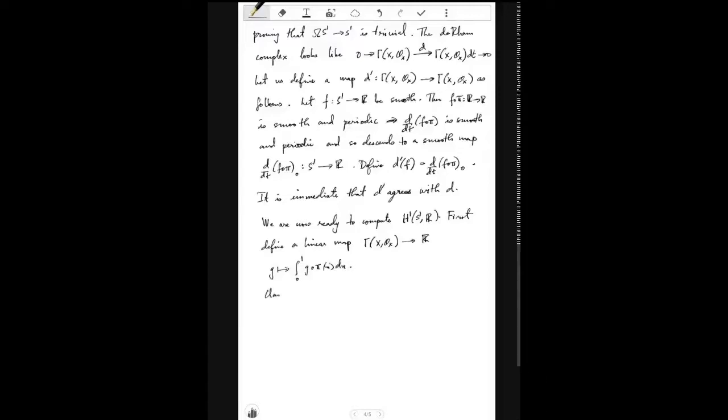So we claim if g is in the kernel of this map, then g is in the image of d. So let us prove this claim.